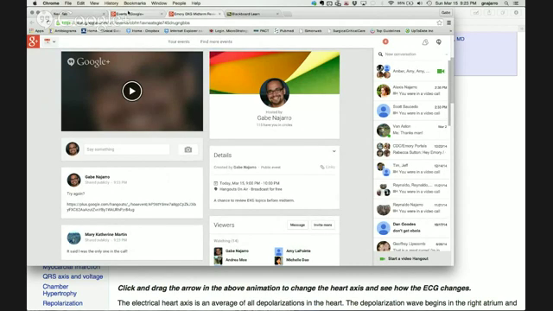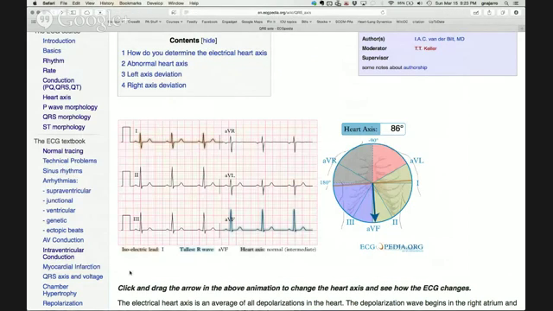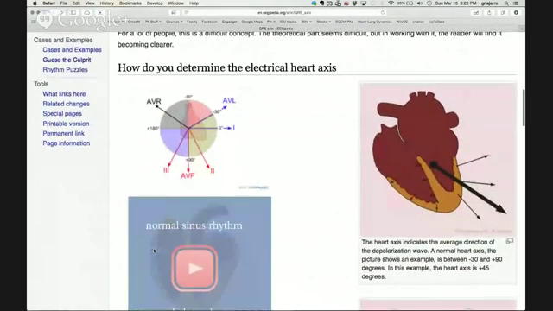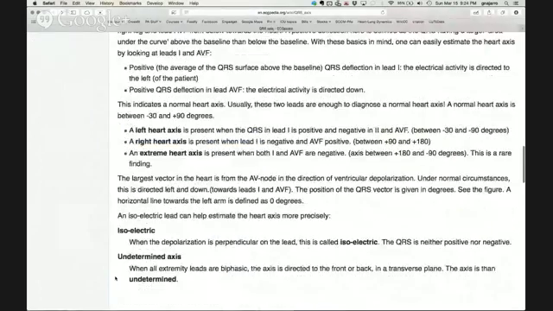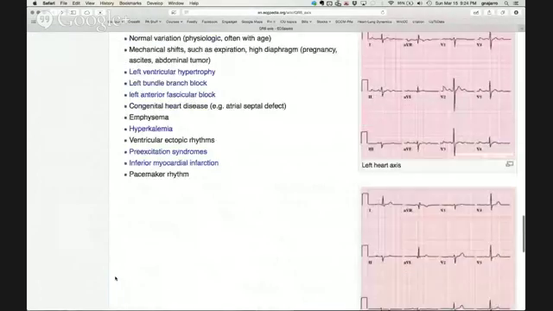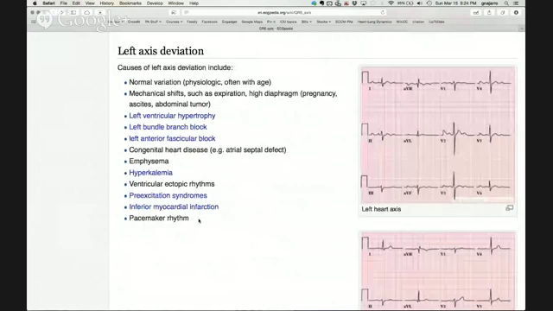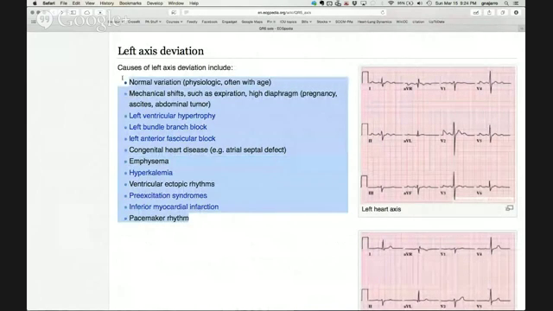You guys had asked about the differential. Well, the differential is in the lecture for each left and right. You can also find it in any of the books that we recommended. And basically what you should know is anything that increases left filling pressures, like ventricular hypertrophy, right?